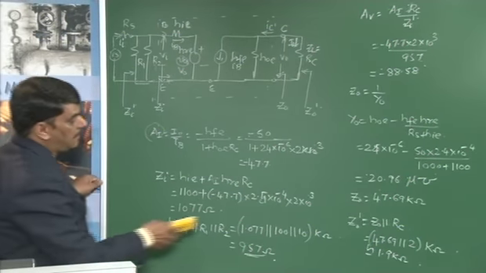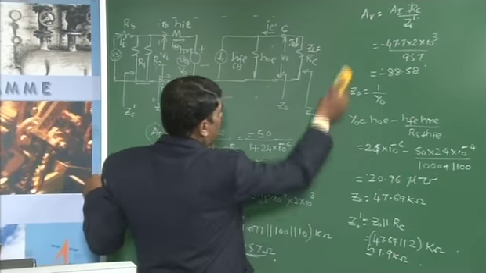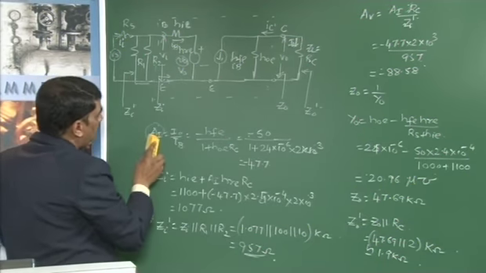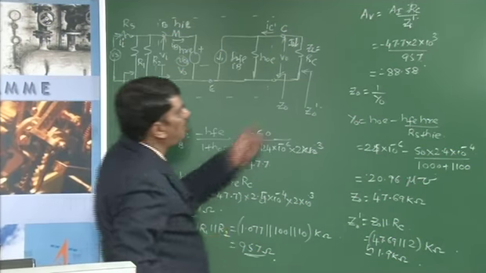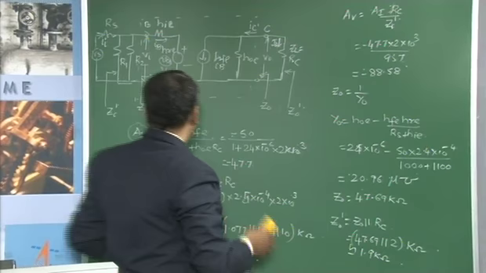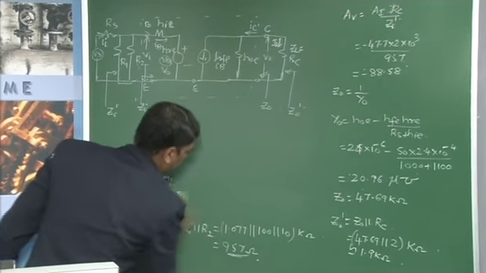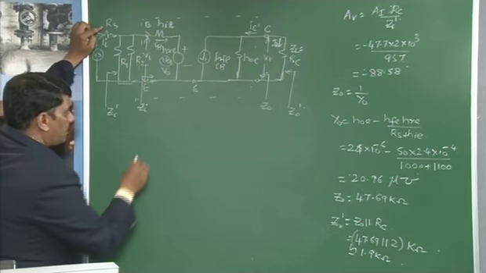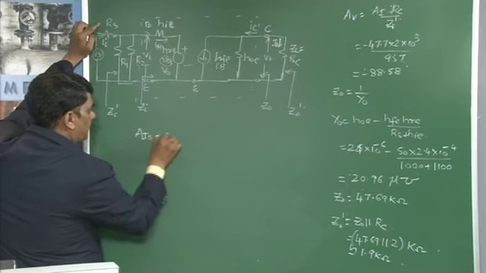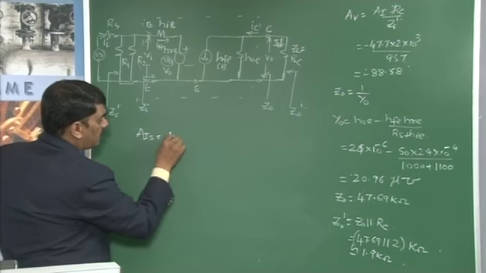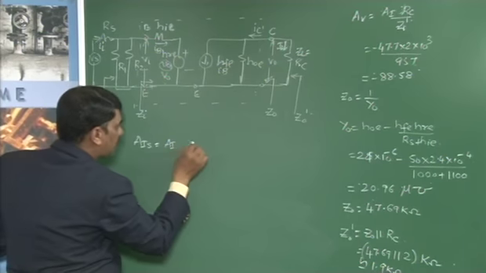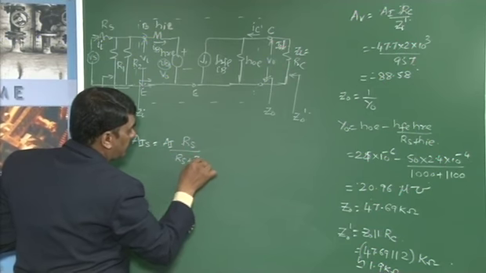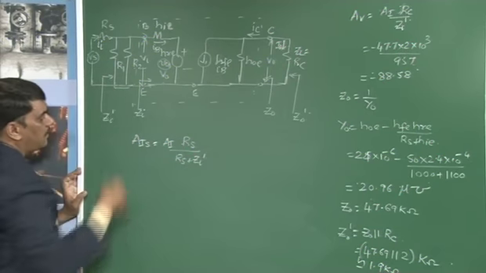If you are considering the output impedance Z0 dash and the source RS, then the current gain and the voltage gain of the amplifier also vary. The current gain of the amplifier with the source resistance RS taken into account is denoted AIS. This is equal to AI into the current flowing through this, which is nothing but RS divided by RS plus Zi dash, because you have to consider R1 and R2 as well.